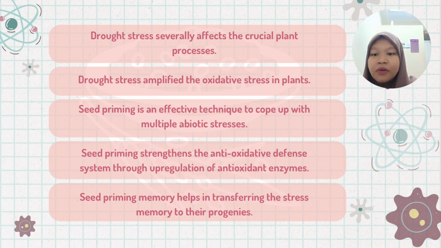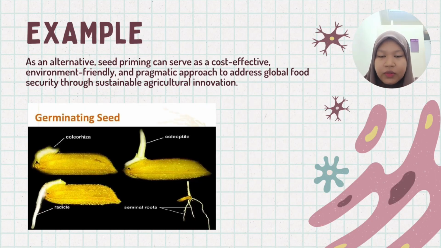Seed priming memory helps in transferring the stress memory to their progenies. So this is the example of rice seed germination. As an alternative, seed priming can serve as a cost-effective, environment-friendly, and pragmatic approach to address global food security through sustainable agriculture innovation. So this is the picture of germinating seeds.